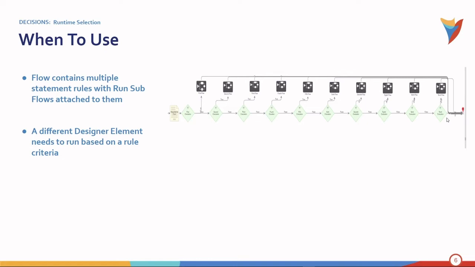Well, in order to simplify this, we can narrow this down to just one statement rule and one subflow. And then by choosing runtime selection, which we'll do in our example, you can choose that ID, maybe from a previous rule, and then you can also make that selection on the run subflow, as we will see here in a few minutes.